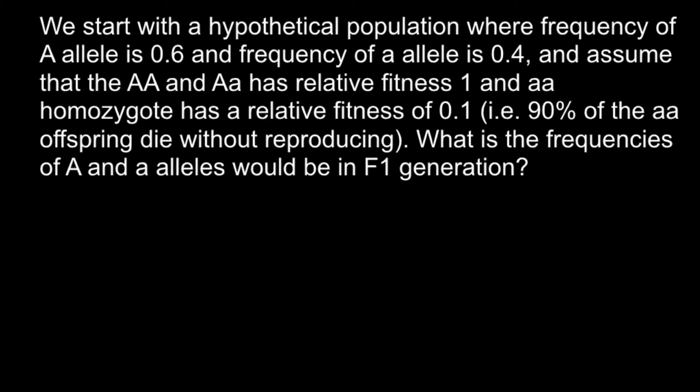In other words, 90% of the homozygous recessive offspring die without reproducing. What would the frequencies of the dominant allele A and recessive allele a be in the F1 generation?